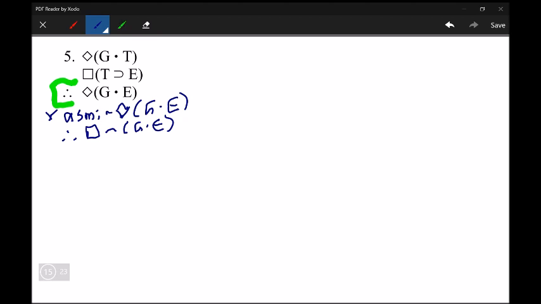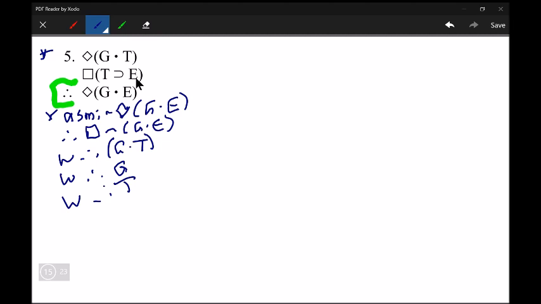Up here, the first premise, it's possible that G and T. So imagine a possible world W where G and T are both true. And then if you want, you can simplify that, or you can wait a little bit. I like to simplify it first. So you have possible G, possible T, and then the box things you drop in the same world.